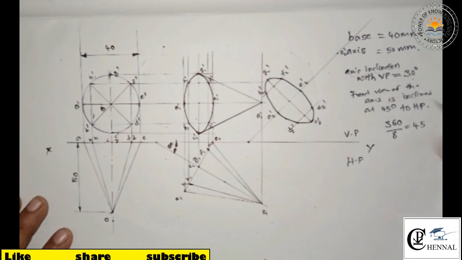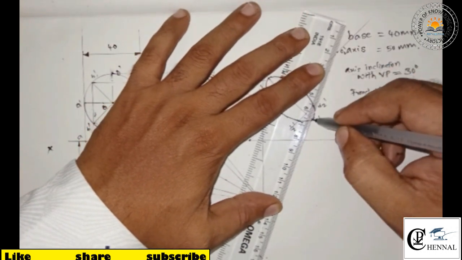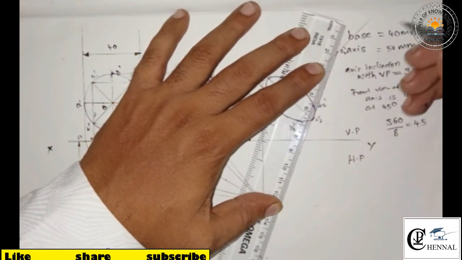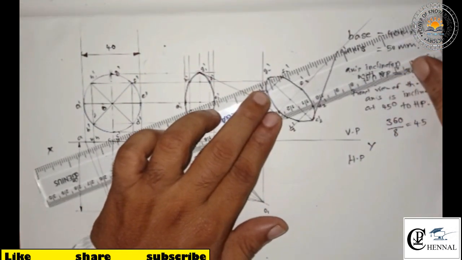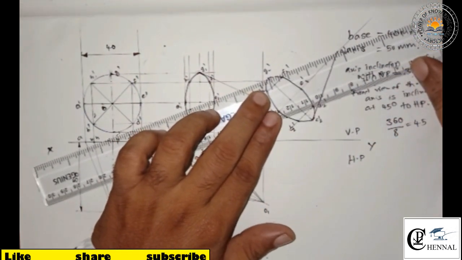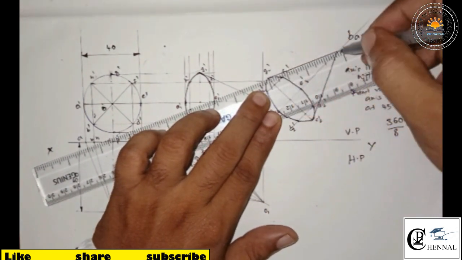Okay, the obtained point is here, O2 dash. Join C2 and O2 dash, and G2 dash and O2 dash.